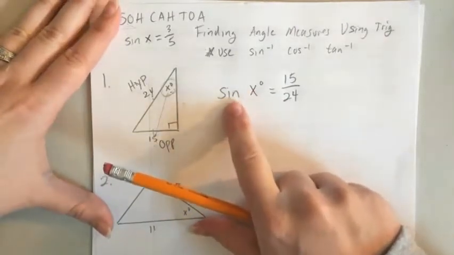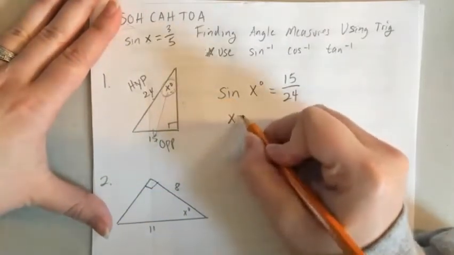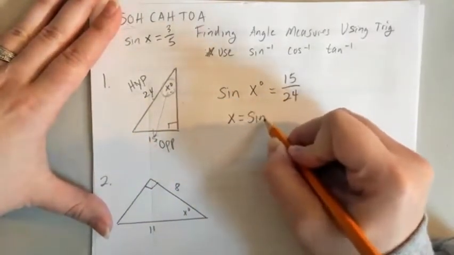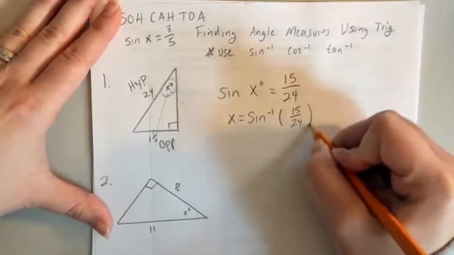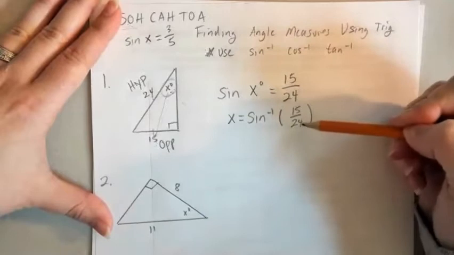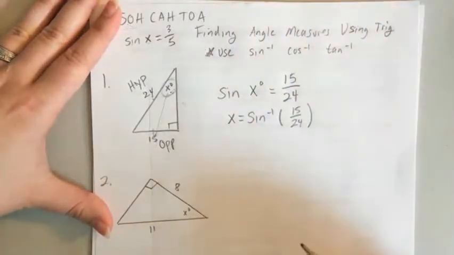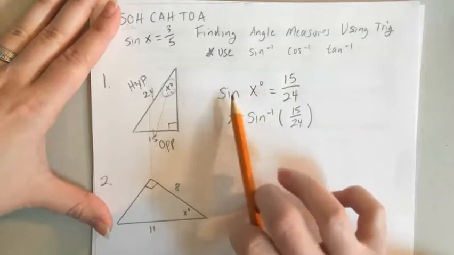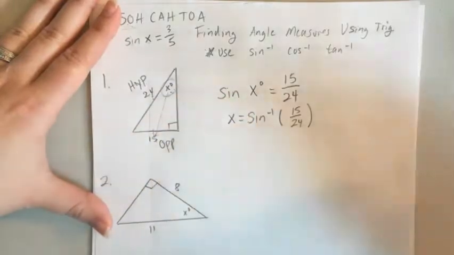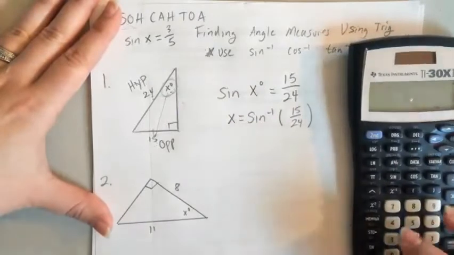I need to undo sine. So I'm going to write this as x equals sine inverse of 15 over 24. I take my ratio, and that's what I'm going to be taking the sine inverse of. Really, I'm taking it of both sides. We're just assuming those two cancel, and we're having that step happen invisibly.